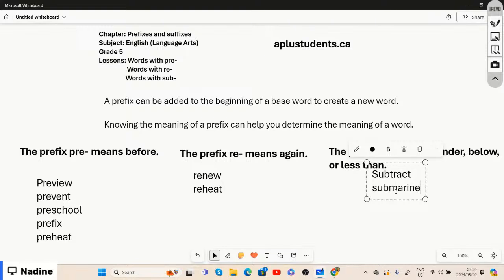But now if we have a submarine, it's not just that you work on the sea, but you're working specifically underwater. Sub means under, or it means below. And that is what submarine means.